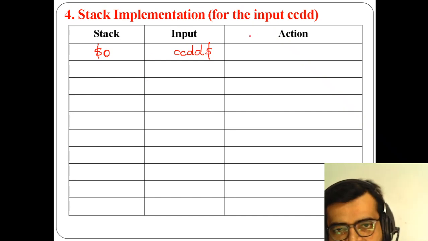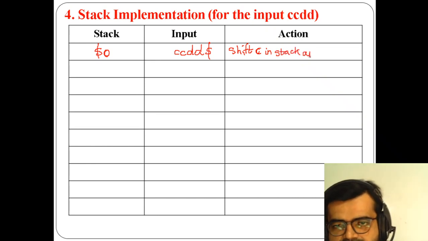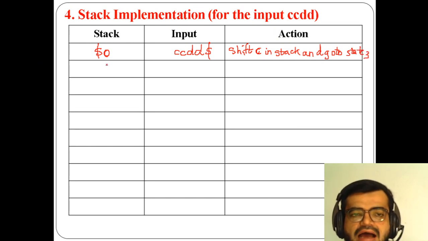So you have to write like this. You perform shift C, because you are shifting C onto the stack. And you have to go to state 3, that is I3.